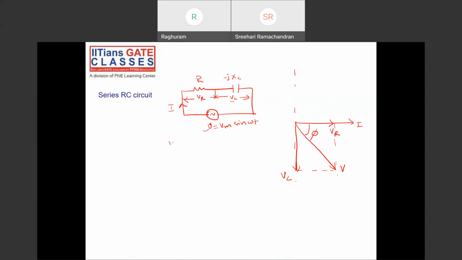Okay, what happens here? Now V lags I by phi, or I leads V by phi. So in case of an RC circuit, voltage lags current by phi degrees, or current leads voltage. In case of a pure capacitive circuit, voltage lags current by 90 degrees, or current leads voltage by 90 degrees. Case of pure resistance, voltage and current are in phase with each other.